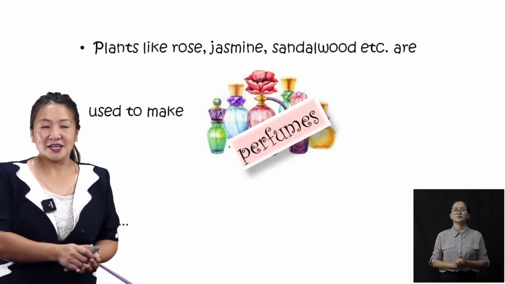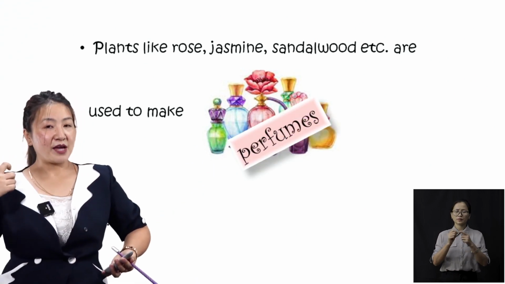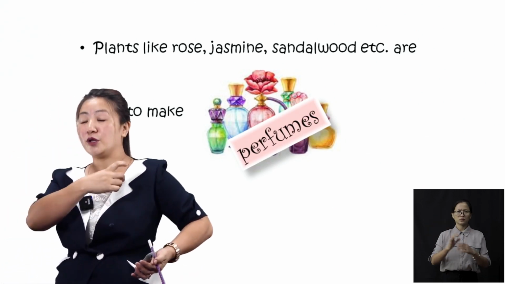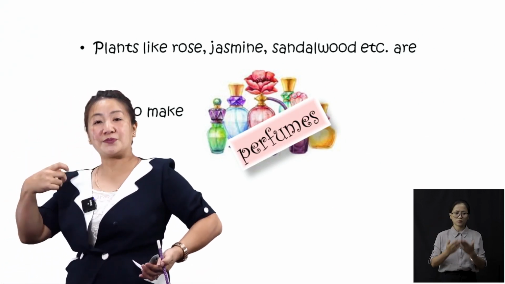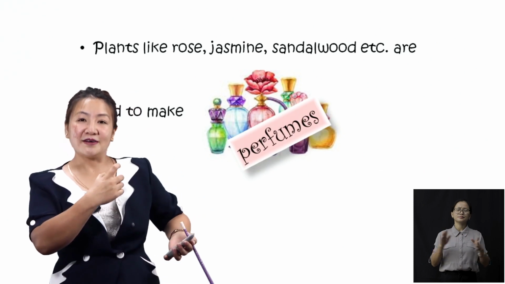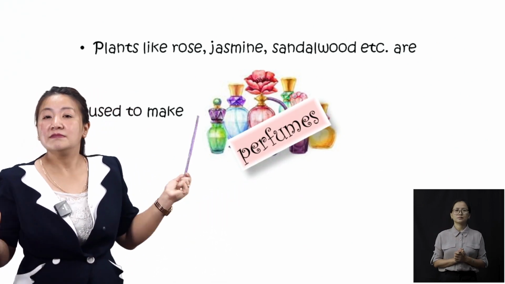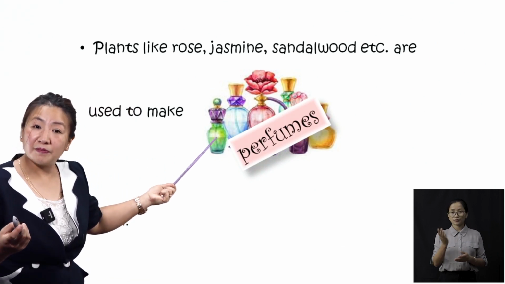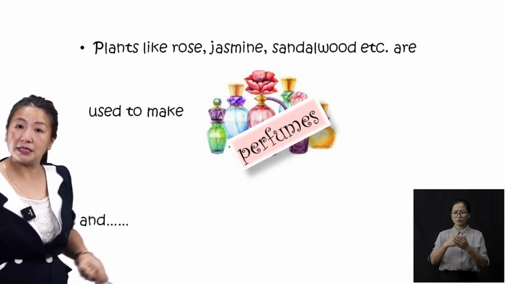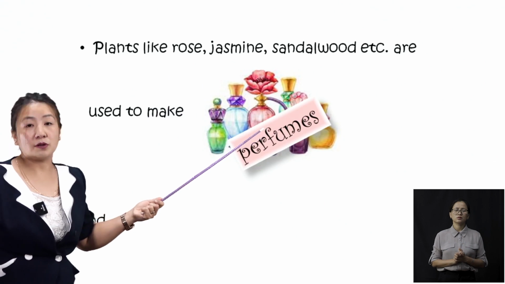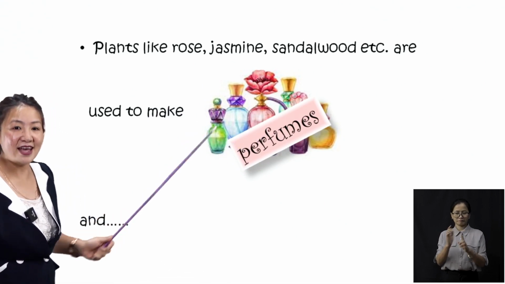Perfumes, right? The perfumes that you use while going to church, while going out, while going to school, you just spray your body spray or perfumes, right? They smell so divine, right? They smell so good. They are from what? From all these plants. The perfumes also come from plants.